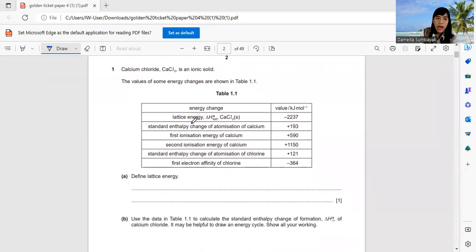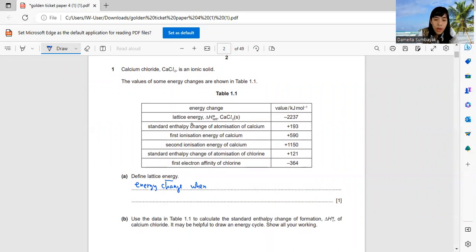When you are asked these kinds of questions, you can start with the definition: it is energy. We talk about energy change. When we talk about a lattice, it means that we are going to form an ionic compound or an ionic solid.